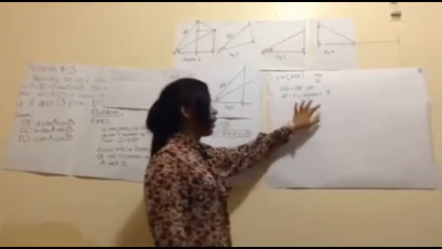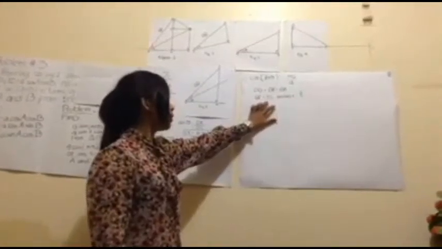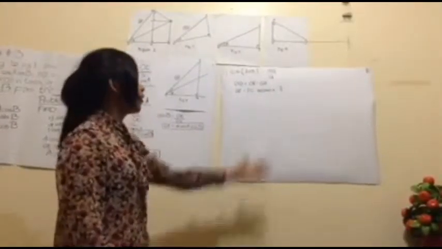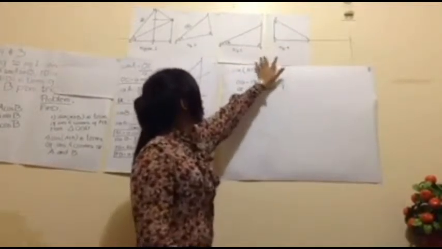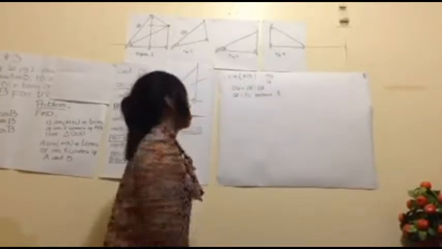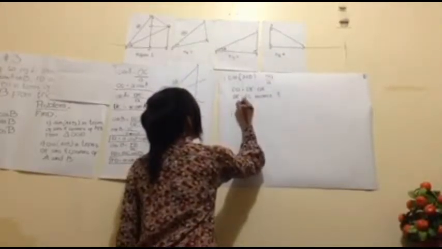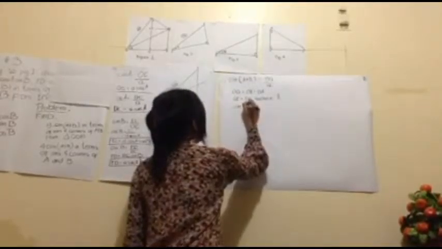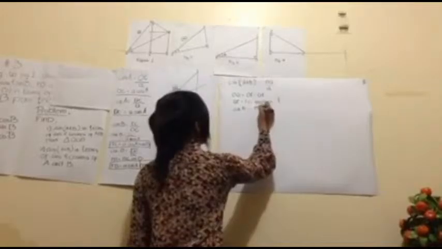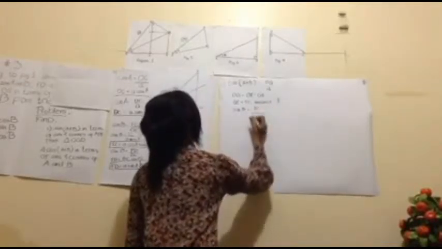Now, to find the value for FC, we will base our solution on figure number 4. So, to find the value of FC, we will find the sine. So, sine B is equal to FC over DC.